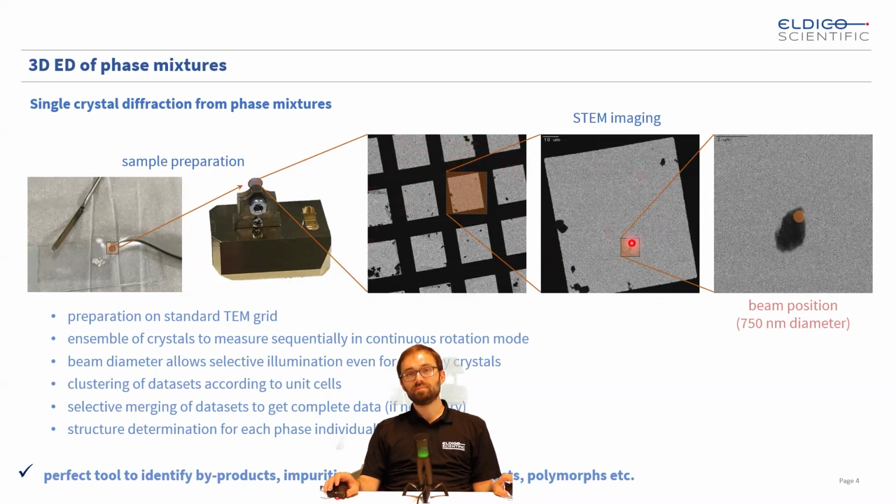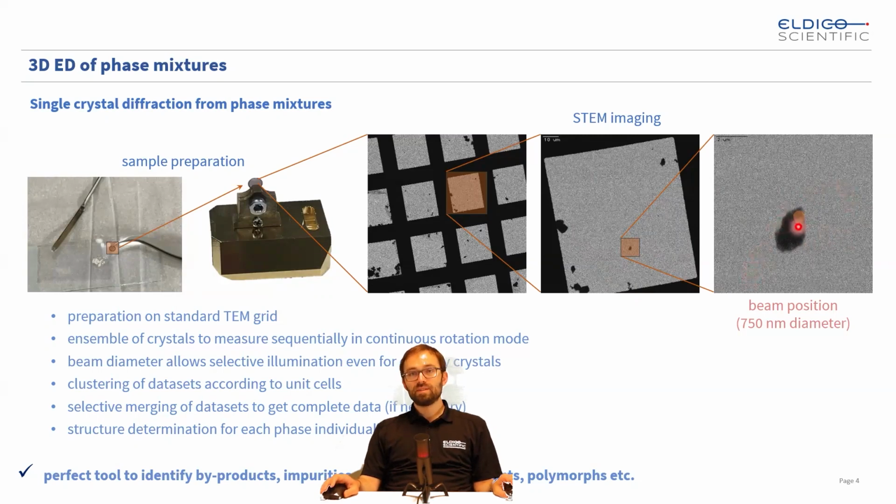We can zoom in to the individual meshes and then zoom in again to an individual crystal. And here we see an illustration of the beam position with a diameter of 750 nanometers. So it is easily possible just by pointing the beam at a crystal to select just an individual crystal for illumination, from which we then can collect diffraction data.